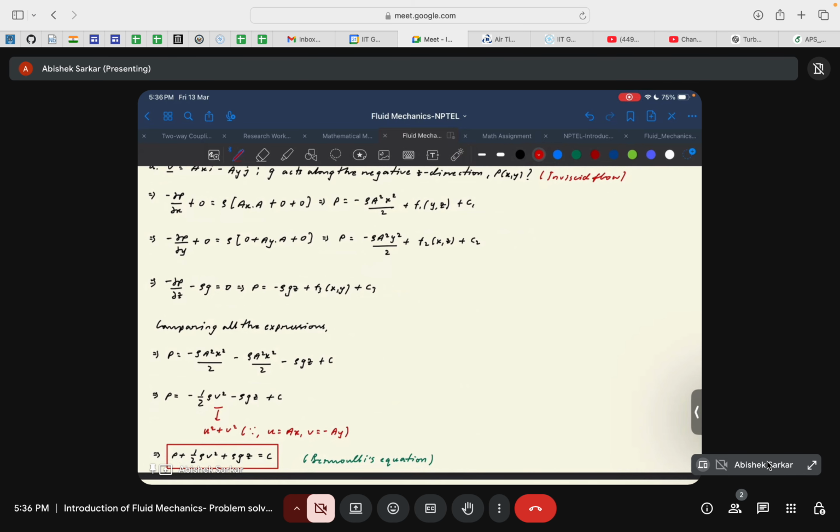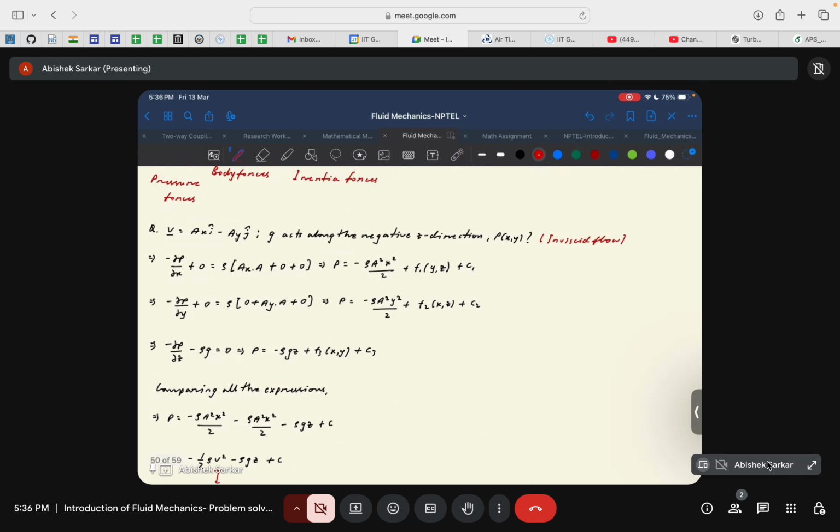Now if you substitute the velocity field in the Euler's equation of motion along the x, y and z directions, what you will get is minus dou p by dou x plus 0, because there is no body force along the x direction.